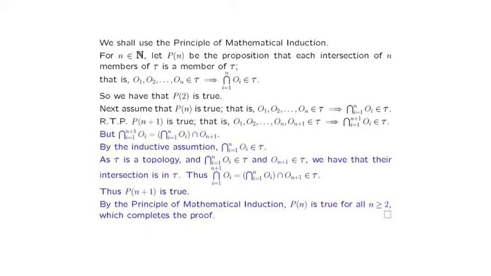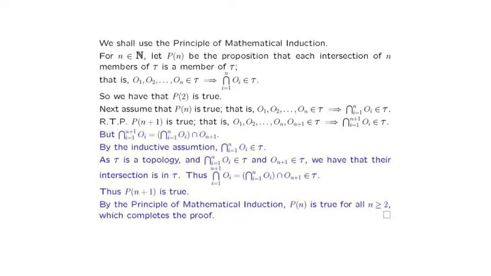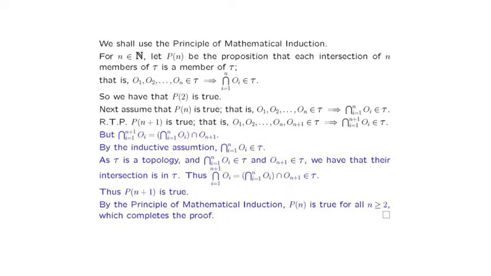But τ is a topology, and so if we know the intersection from i equals 1 to n of Oi is in τ, and On+1 is in τ, then the intersection of those two sets must also be in τ. But the intersection of those two sets is the intersection from i equals 1 to n+1 of Oi.